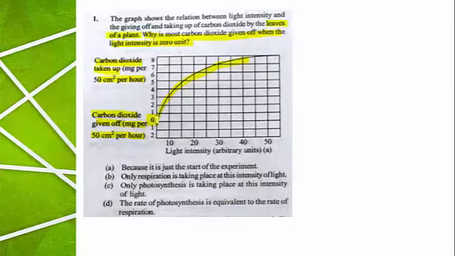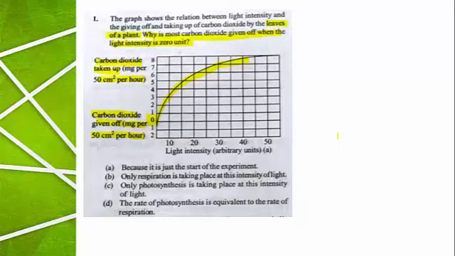Obviously, when light intensity is 0 in plants, there is no chance of any photosynthesis. Only respiration can take place. When photosynthesis is not taking place due to the 0 light intensity, what is the respiration method in plants? They also take in oxygen and liberate carbon dioxide.